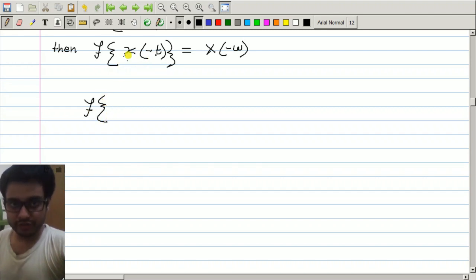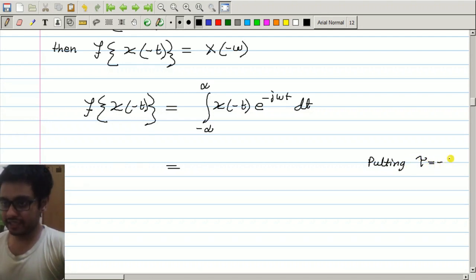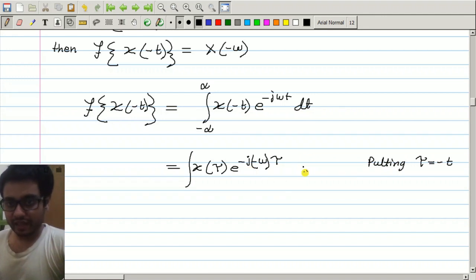Fourier transform of x(minus t) is by definition the integral of x(minus t) e to the power minus j omega t dt from minus infinity to plus infinity. Now let us put tau equal to minus t, then this will become x(tau) e to the power minus j omega times minus tau, but I will put the minus sign here without any problem, and dt will become minus d tau.